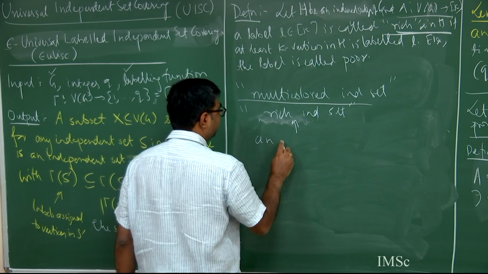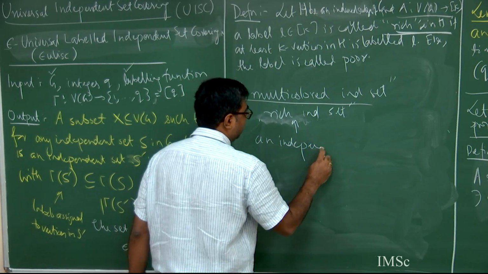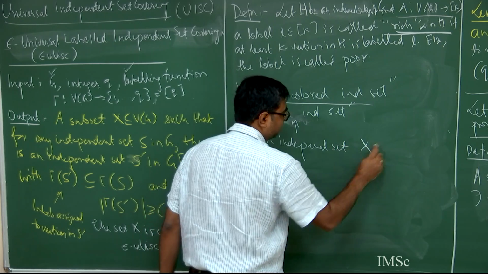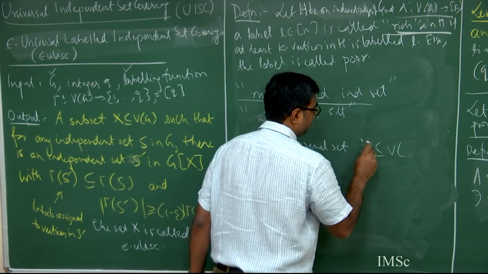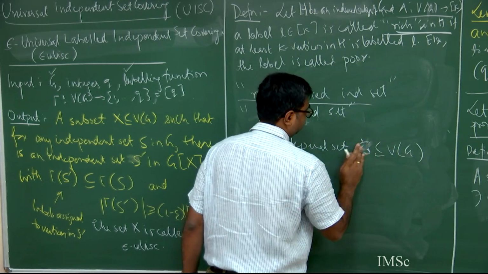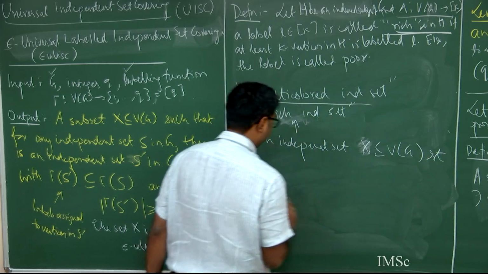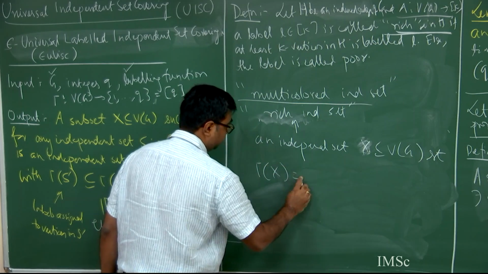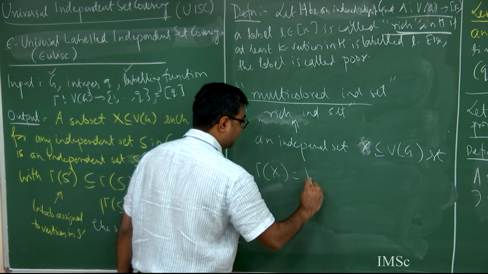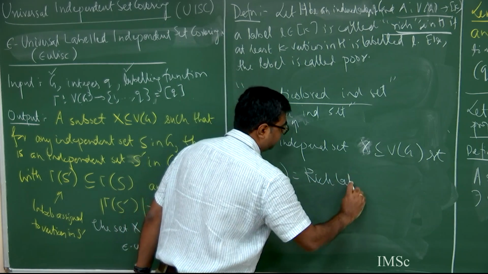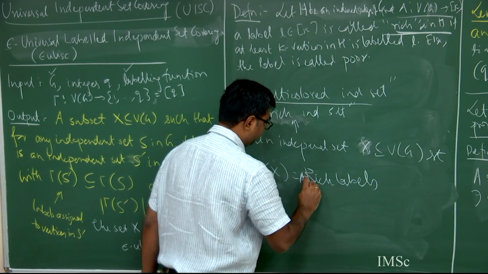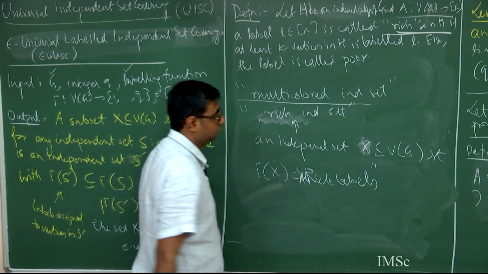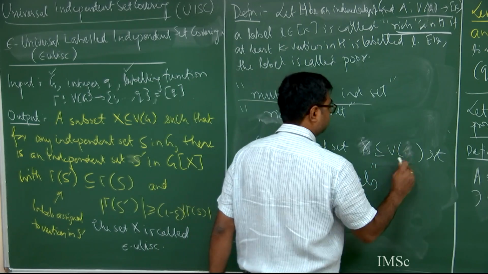An independent set X subset of V(G) such that the set of labels of X is exactly equal to the rich labels. Richness is with respect to H. You want X to be in H or G; it doesn't matter. V(H).